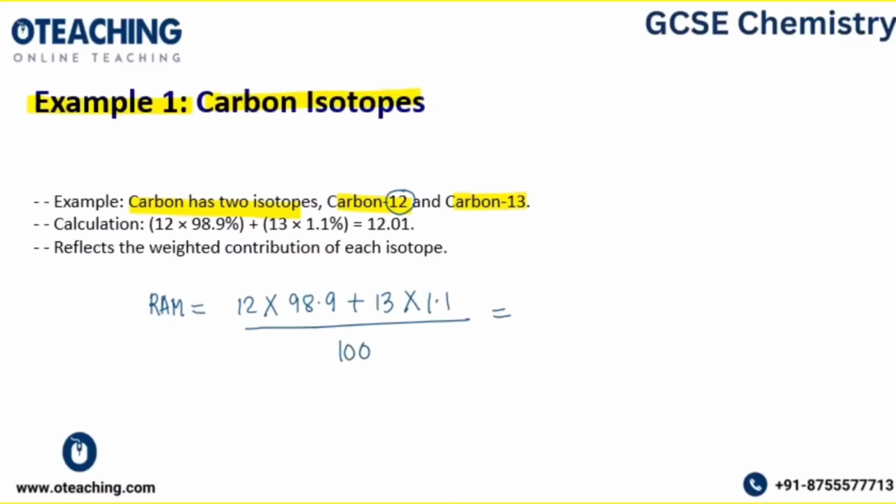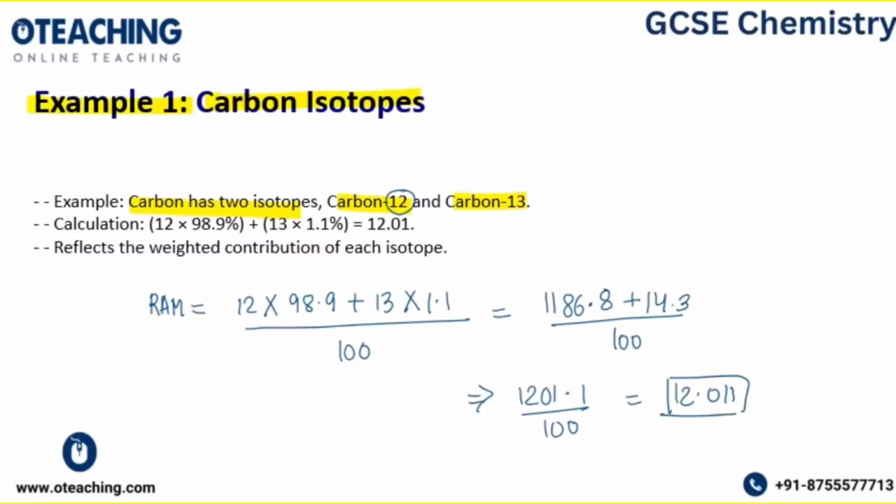Now 12 times 98.9 gives me 1186.8, plus 13 times 1.1 gives me 14.3, upon 100. 1186.8 plus 14.3 is 1201.1, upon 100, and this gives me 12.011.